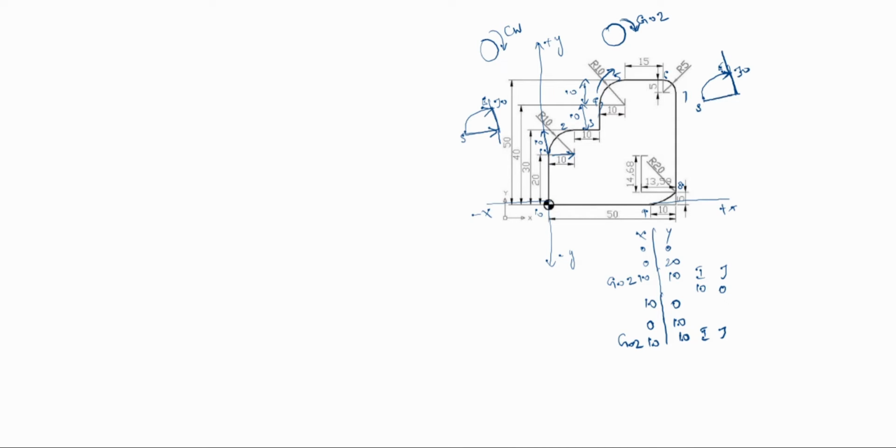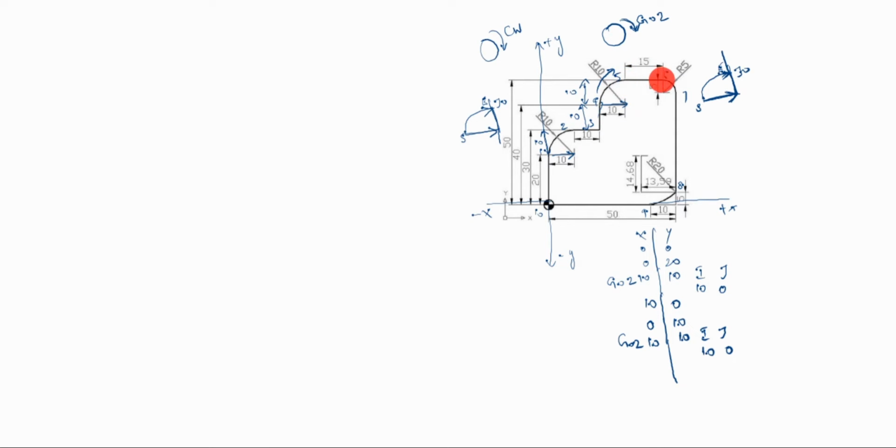The arrow at the starting point comes this side, and at the end point it comes the same side. R is 10, so I is 10, J is 0. Up to here finished.